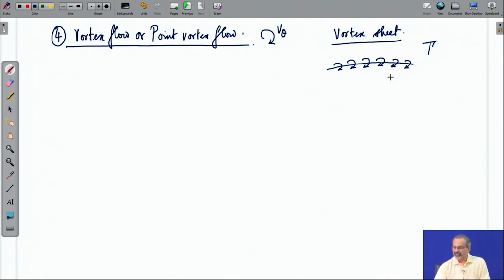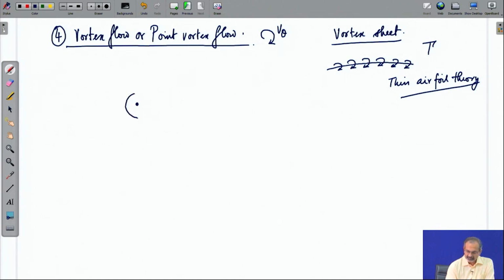Later on we will talk more about thin airfoil theory, where we try to model the potential flow past an airfoil by considering it to be very thin and approximating it with its camber line, and we try to represent the camber line as a vortex sheet. Now, coming back to a single point vortex and its influence on the neighboring flow.